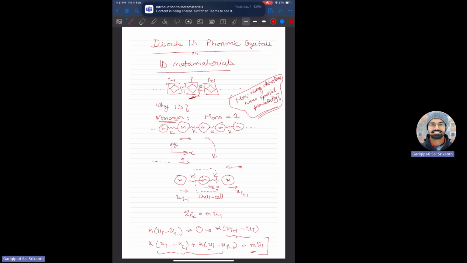We need to start from equations of motion. And how do we get equations of motion? In the unit cell, we have a mass. It's connected by some springs. If there is some motion, those springs would naturally apply some forces.